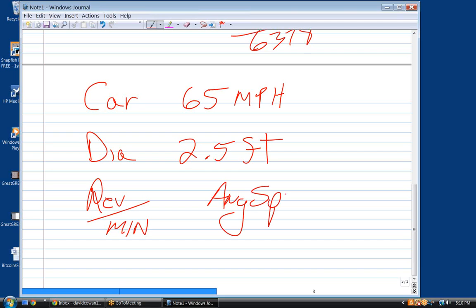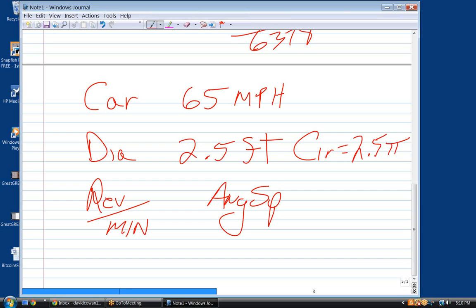All right. If the diameter of the wheel is 2.5, what's the circumference of it? 2.5 pi. Yeah. So the circumference is 2.5 pi.